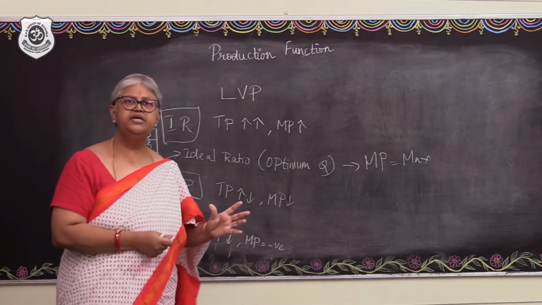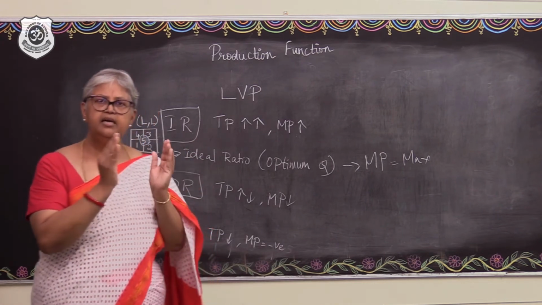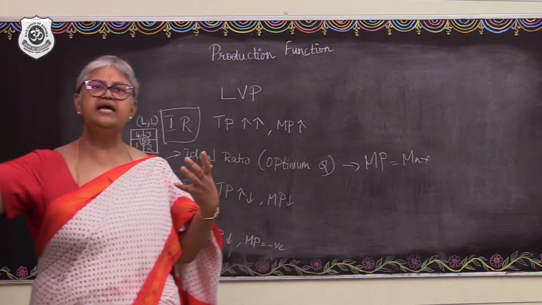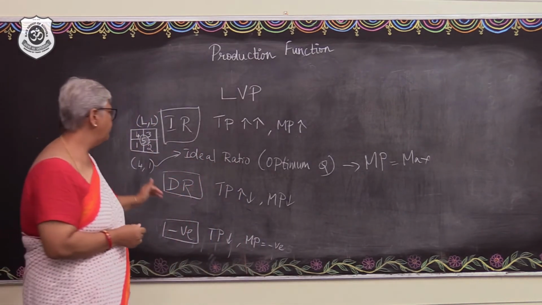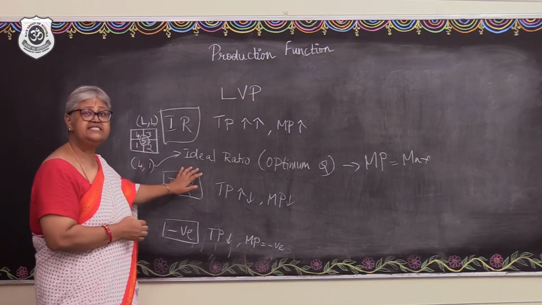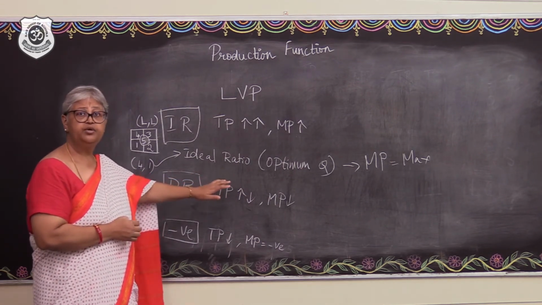So the entrepreneur would like to, with a minimal input, maximize the output, or given the input, try and maximize the output. So in order to maximize the output, the entrepreneur is going to move on beyond this ideal capacity, beyond this ideal ratio or the optimum output. Fine.